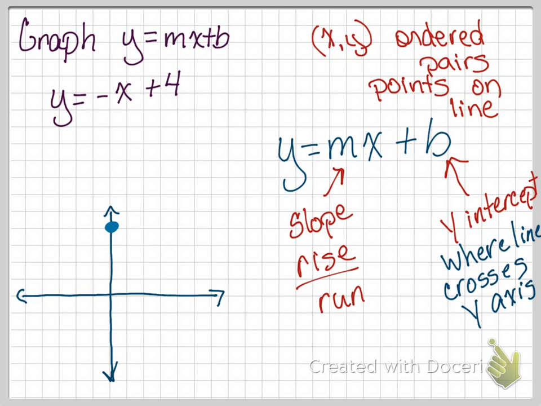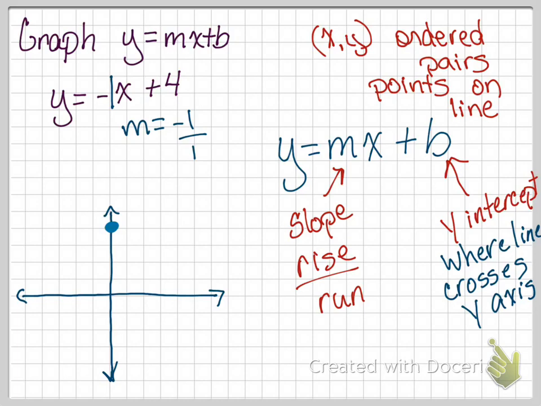Okay? Now, what number is in front of that x? A negative 1. Negative 1. So it may be helpful to you to write that 1 right there. Okay? Then I need to identify that as a fraction. Okay? I've got to have a rise over a run.